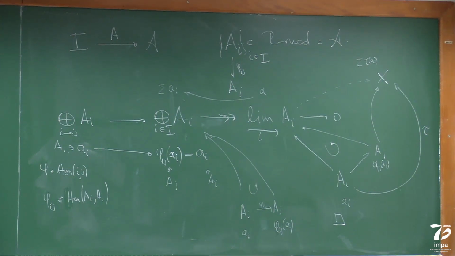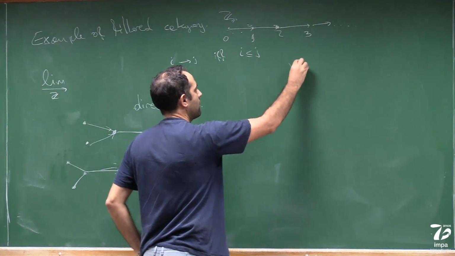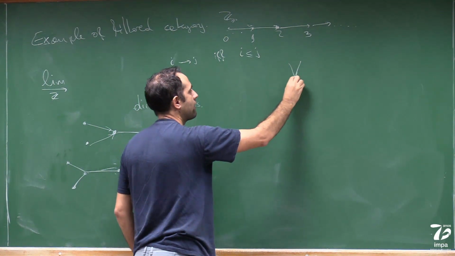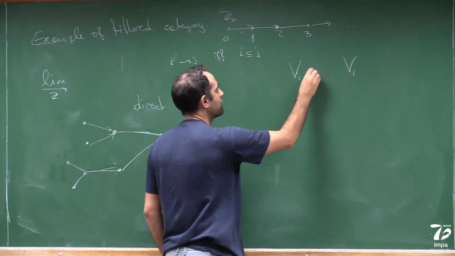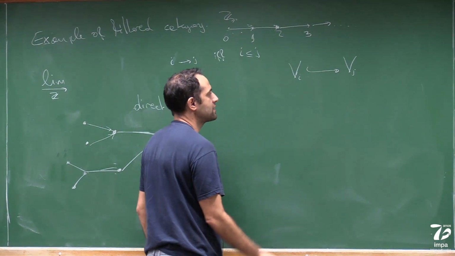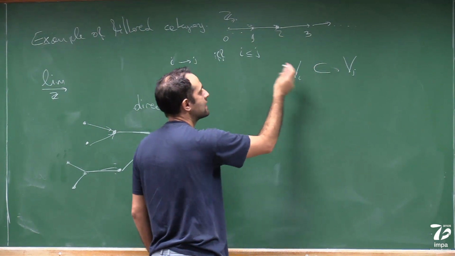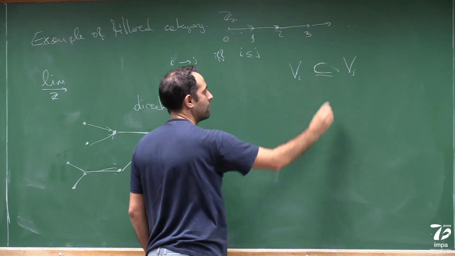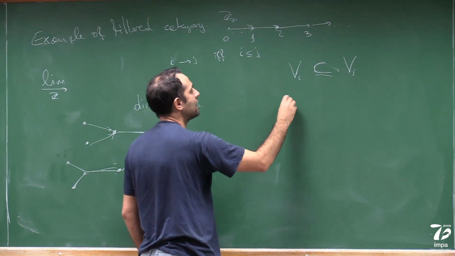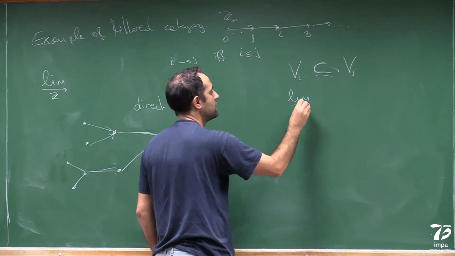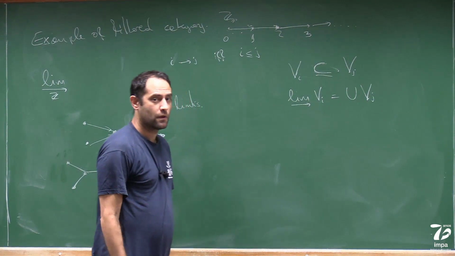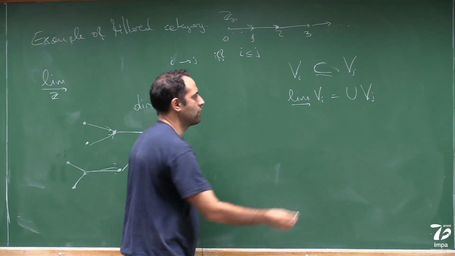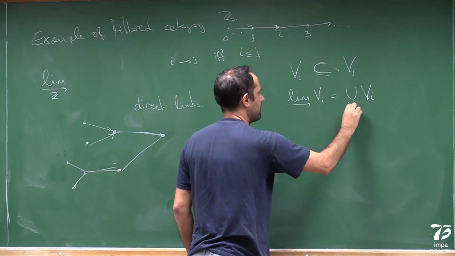So when we take a direct limit of, say, vector spaces on this diagram, what do you have? You have some V_i, you have some V_j, and you have some inclusion of V_i inside V_j whenever i is less than or equal to j. Then the direct limit is just the union of the V_i's.